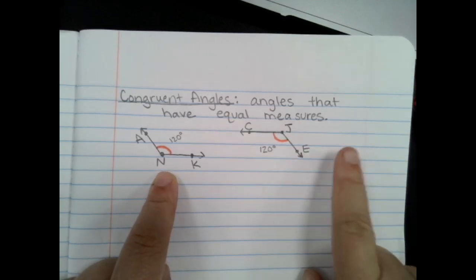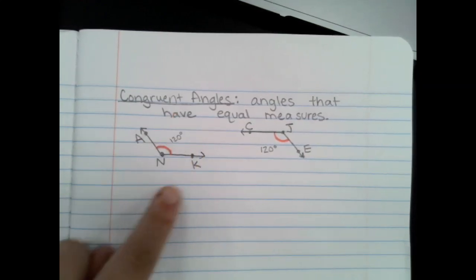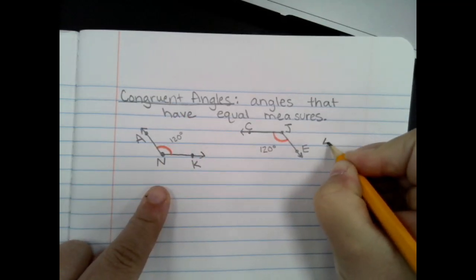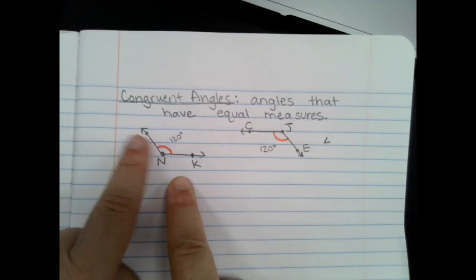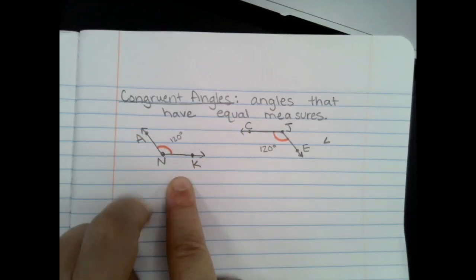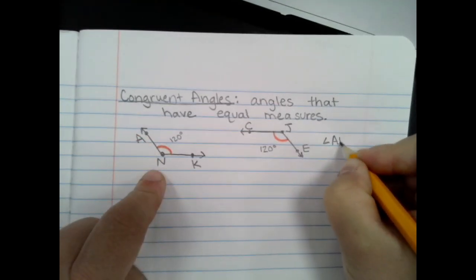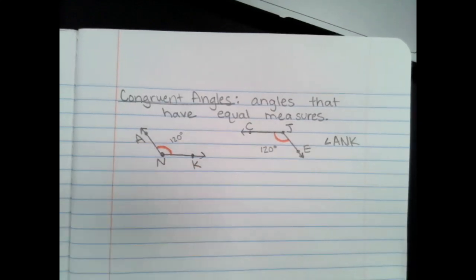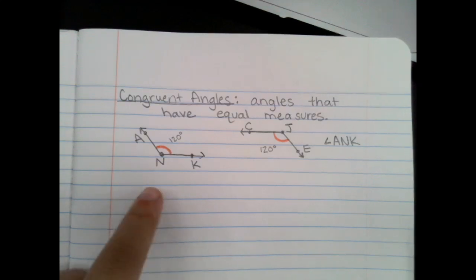Okay. Another way that we can write it out is by using that congruent symbol. So we're going to name these angles. What's this first angle called? How would I name that one? Good. I could do A and K or K and A. I'm going to go with A and K. That's the way my brain reads it. If you first looked at it and you said K and A, that's fine. What has to be the middle letter? N has to be the middle.